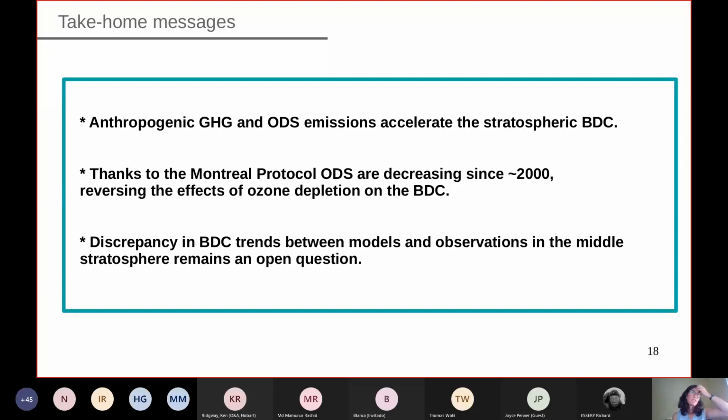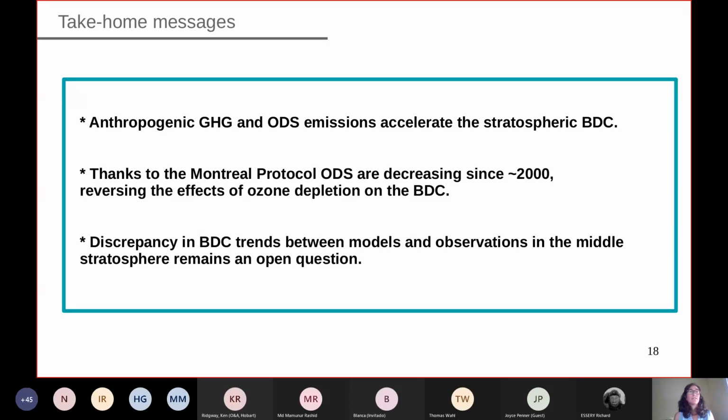Okay, so just to summarize, here are my three take-home messages. First, anthropogenic greenhouse gases and ODS emissions accelerate the stratospheric circulation, which has implications for surface climate and also for the ozone layer.